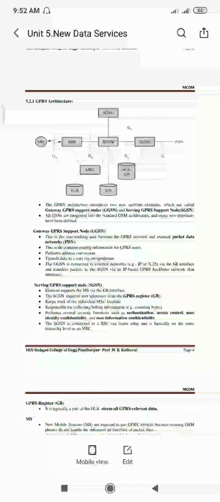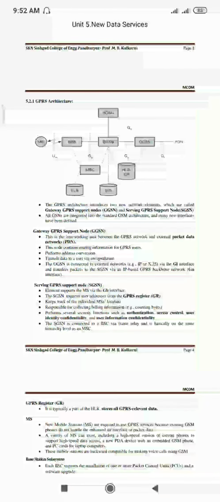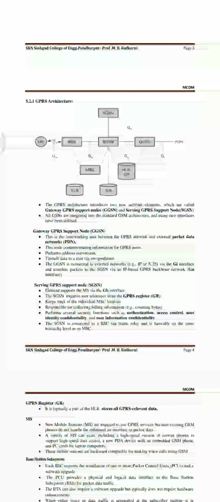Whenever the question is asked on this GPRS architecture, the expected points are: first you need to draw the GPRS architecture block diagram, then explain all the network elements of this GPRS architecture one by one, and at the last you can mention the various interfaces which connect the different parts, such as the interface which connects the mobile station and base station, the Gb interface which connects the BSS and SGSN, the Gn interface which connects SGSN and GGSN, and the Gi interface, which connects the GGSN and the packet data network.